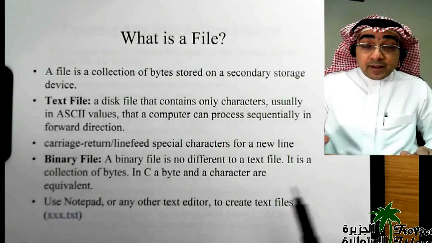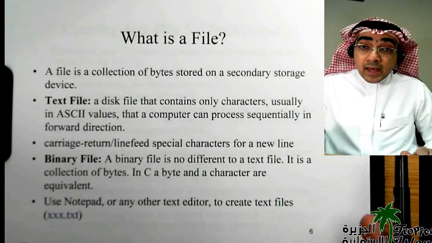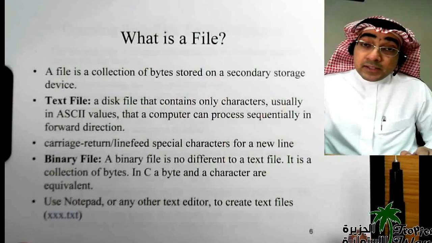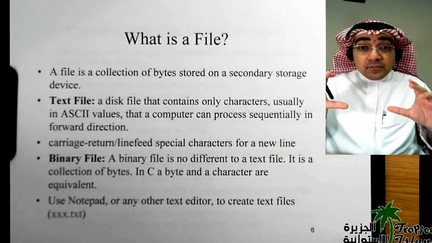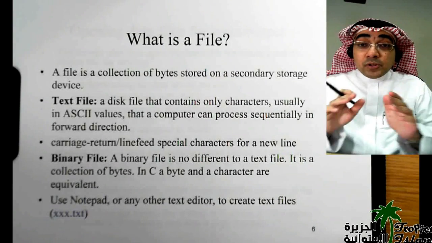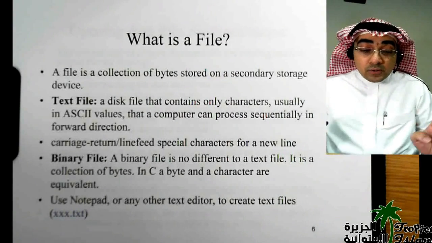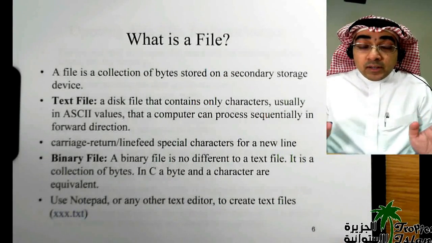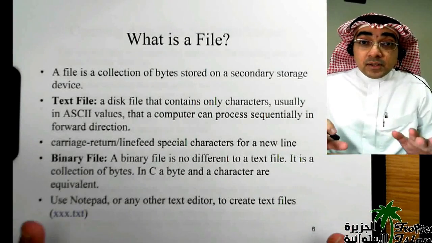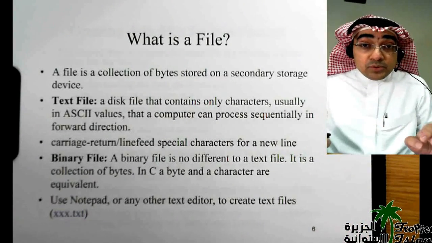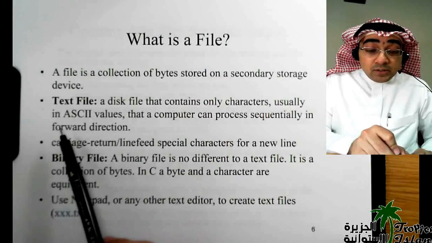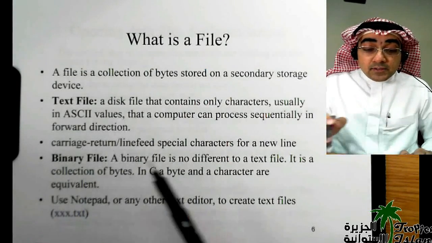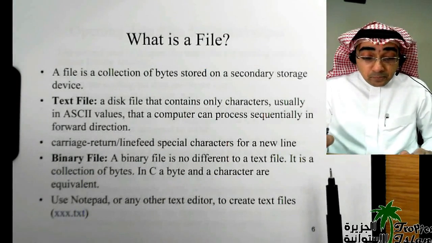Text files do not have any formatting. There is no bold, no italic, no making the font bigger or smaller. It's all universal, only one size. You can only type into it letters and characters and things that you can type on an ordinary keyboard in any computer, and they are usually stored as ASCII values. This is called a text file.